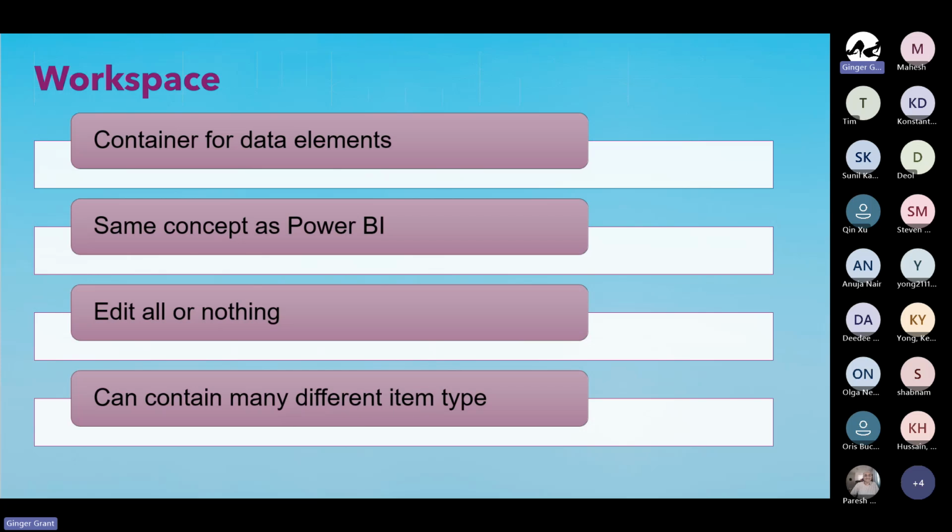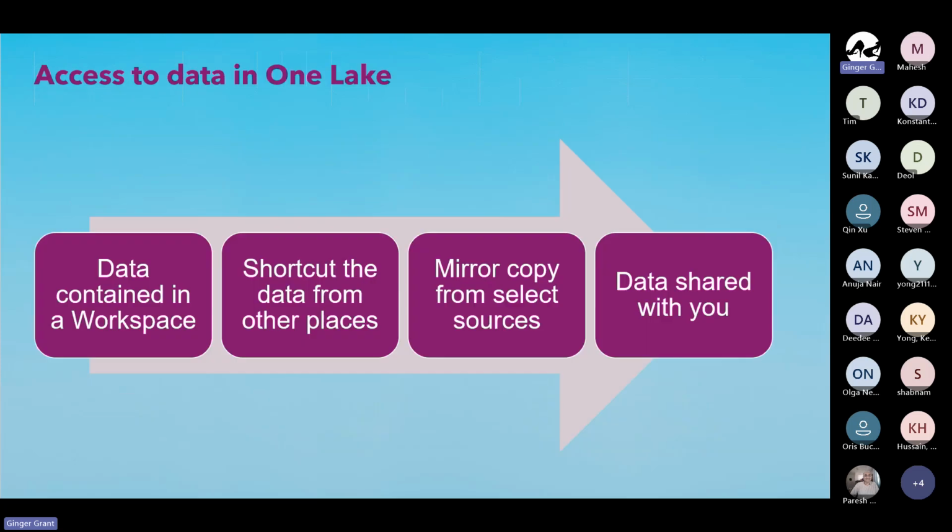Your workspace is where you're going to be connecting and using data that you have been granted access to. And there's security in workspaces. Well, it's kind of odd. You either edit everything or nothing. Those are your options for security levels. And it can contain very many different item types.